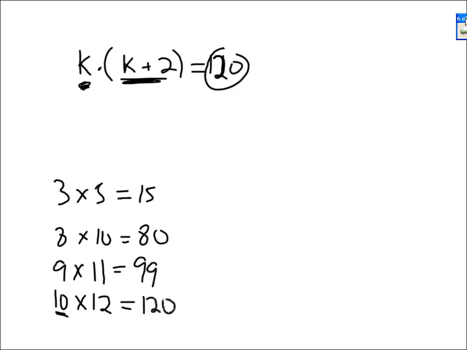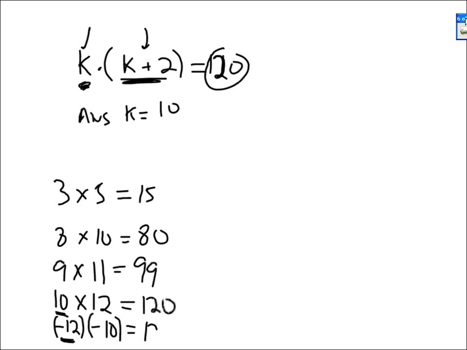Remember, K was the smaller number, that's the bigger number. So one answer is K can be 10. Another answer is -12. -12 times 2 more: 2 more than -12 is -10.